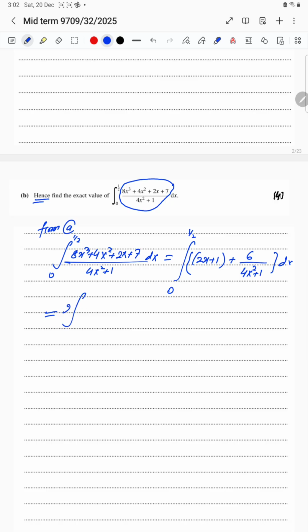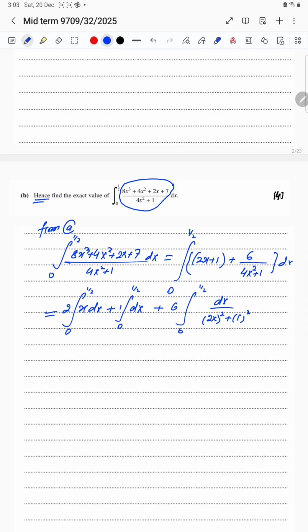So we can write integral of 2x dx, limit is there, plus integral of 1 dx from 0 till 1 by 2, plus 6 times integral of dx over 4x square plus 1 from 0 till 1 by 2. 4x square plus 1 can be written as (2x) whole square plus 1 square, because we know the rule.